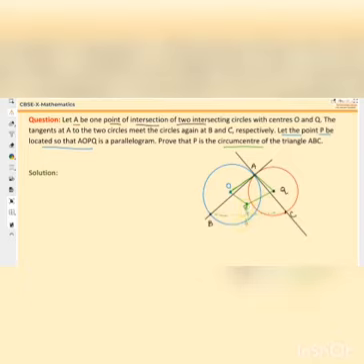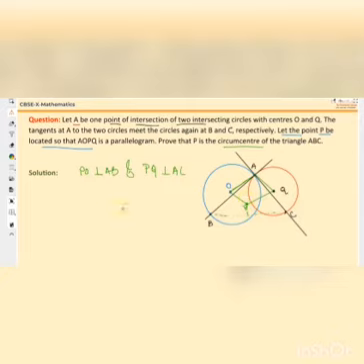So if we can prove that PO is the perpendicular bisector of AB, that means this side of the triangle, and if I can prove that PQ is the perpendicular bisector of AC, that means this side, and both of them meet at P, then of course the third one also will cross through this point.